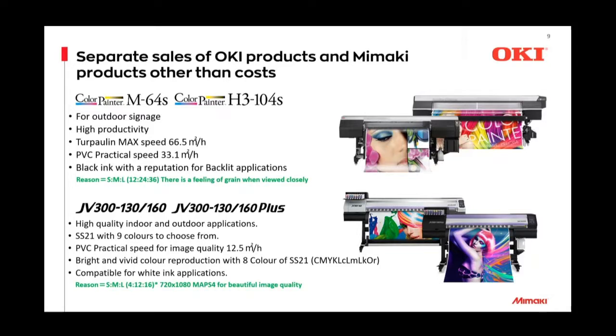And then we look at more proprietary application solutions where the benefits we get from the ColorPainter range regarding backlit applications far exceed what we can do with our Epson printhead technology with our JV300 area. So that's how we define, or separate, the sales market between OKI and Mimaki.